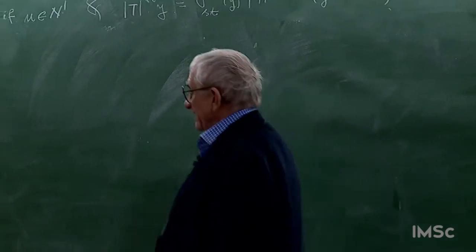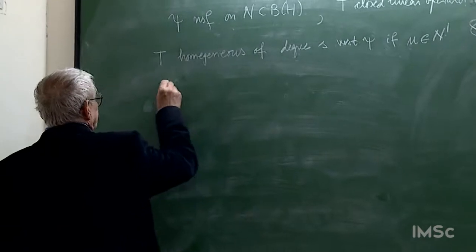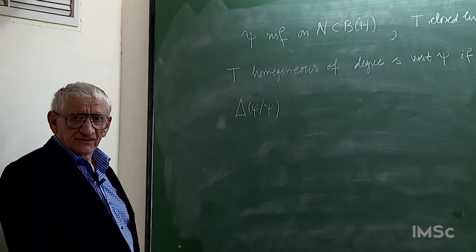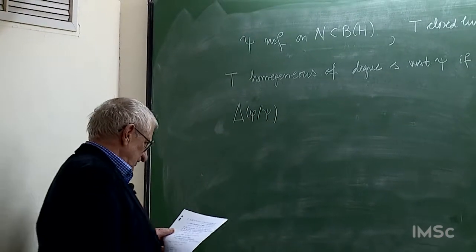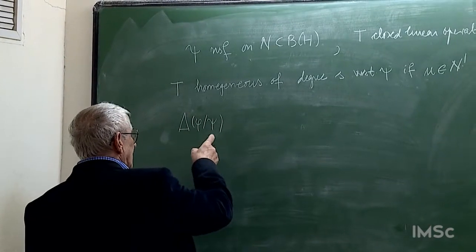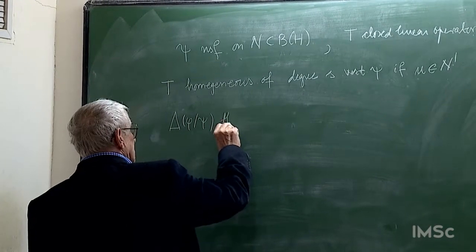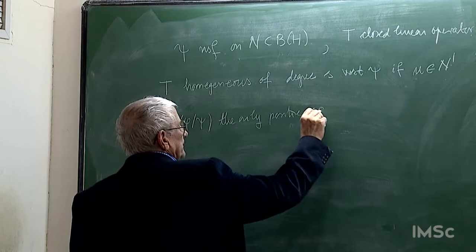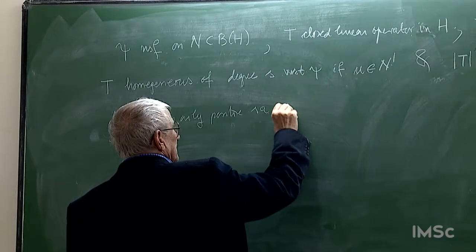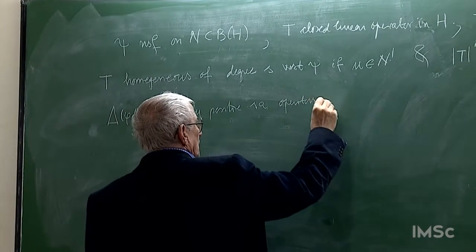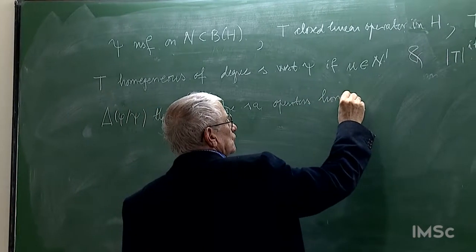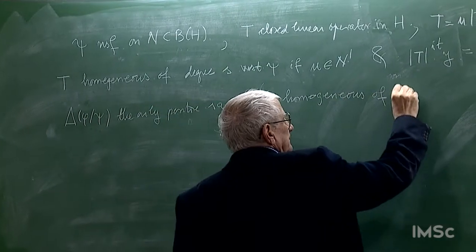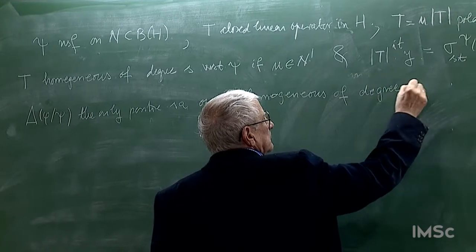The characterization of the operators delta phi psi, in the second theorem of Alain Connes, was the fact that these are the only positive self-adjoint operators homogeneous of degree -1.